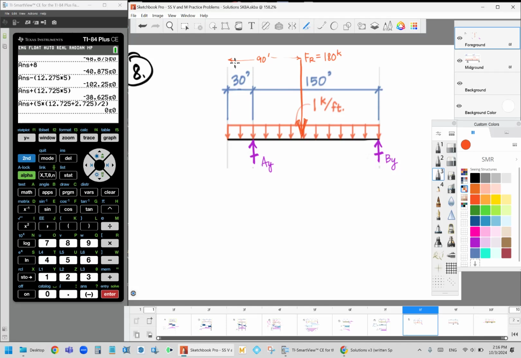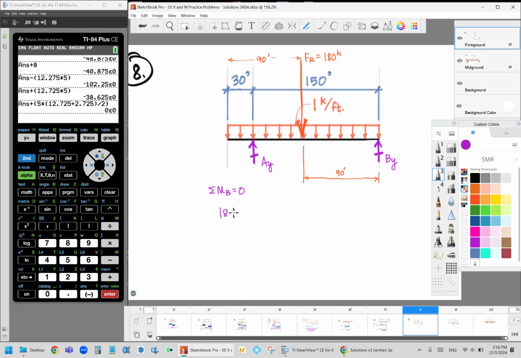So what I'm thinking is, why don't we just label it as 90 feet from B sub y. And then let's just do a quick moment about B, and we can solve for A sub y really quickly. All right, let's go ahead and do it. So summation of moments about B is equal to 0.